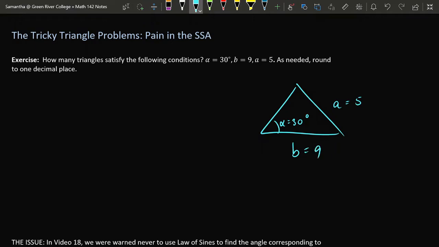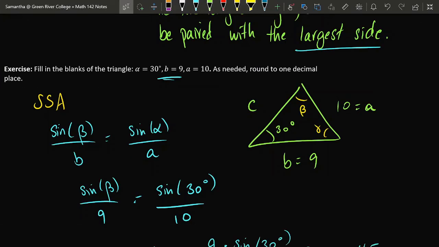Now let's quickly compare this with the very similar exercise that we did yesterday. In yesterday's exercise, the value of A was equal to 10. Because the value of A was larger than the value of B, we could be guaranteed that B was definitely not the largest side in the triangle.